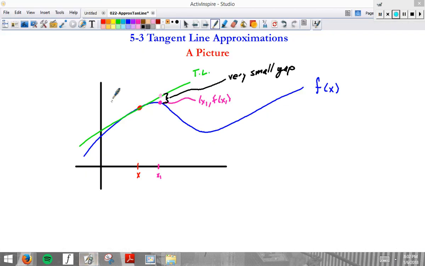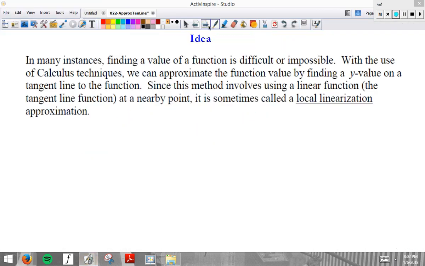One more time with words. So in many instances, finding a value of a function is difficult or impossible with the use of calculus techniques, namely derivatives. Namely derivatives to get tangent lines.